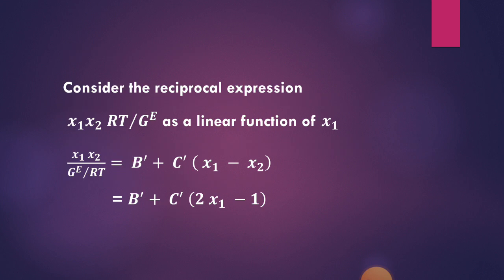Now we consider the next thing, the reciprocal expression, that is x1 x2 RT by GE as a linear function of x1. So x1 x2 by GE by RT is equal to B prime plus C prime into x1 minus x2, which is equal to B prime plus C prime into 2x1 minus 1.